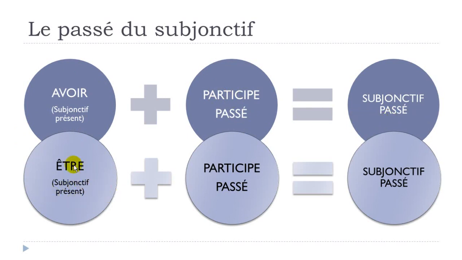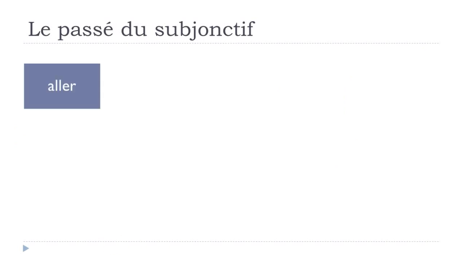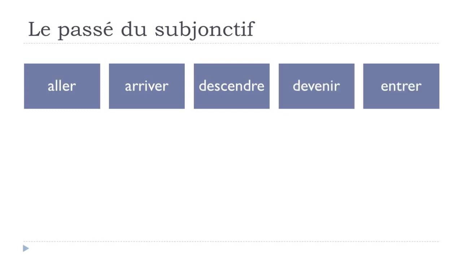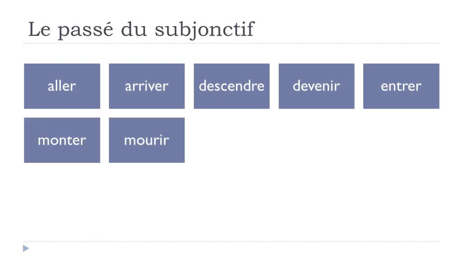Remember, for être, as usual, we're talking about exceptions, and here they come. Aller, to go. Arriver, to arrive. Descendre, to go down. Devenir, to become. Entrer, to enter, to come in. Monter, to go up. Mourir, to die. Naître, born.